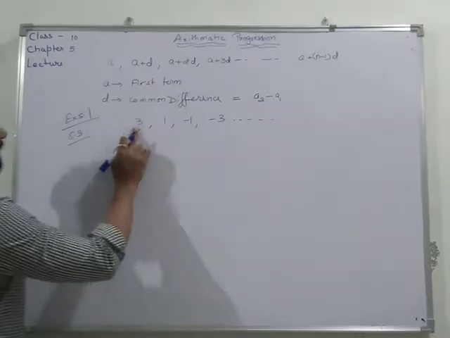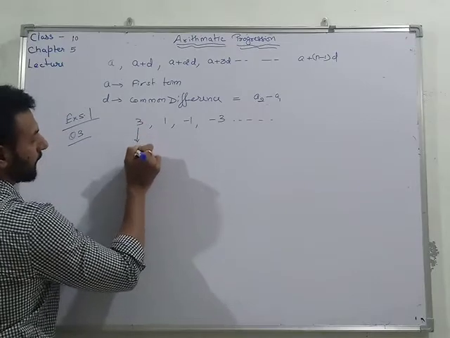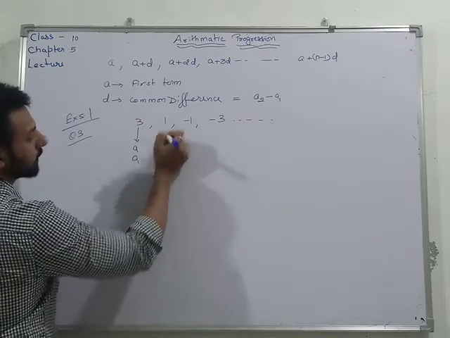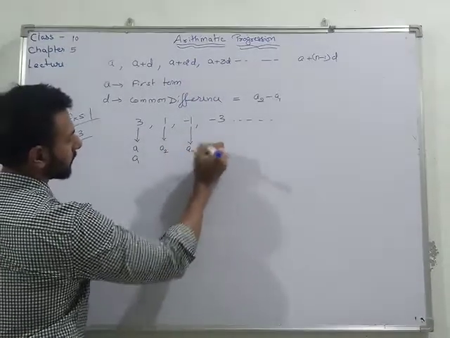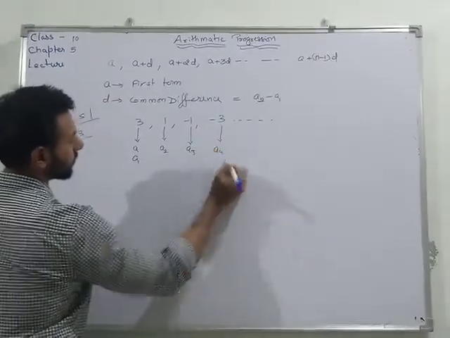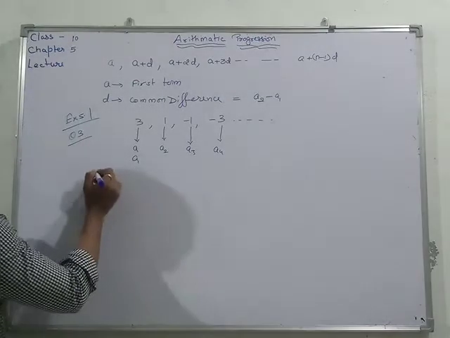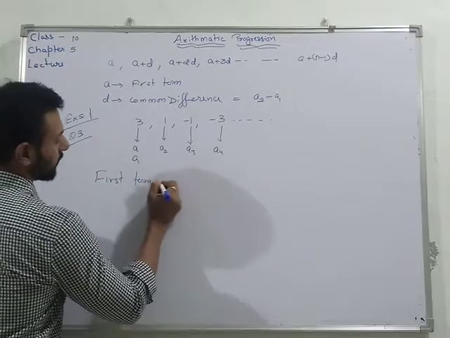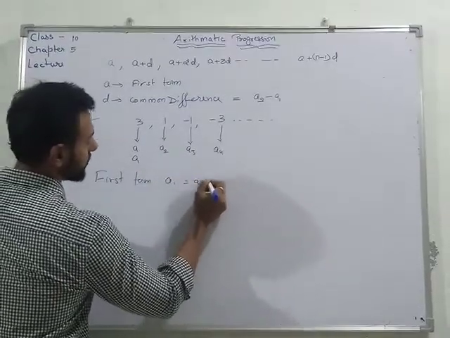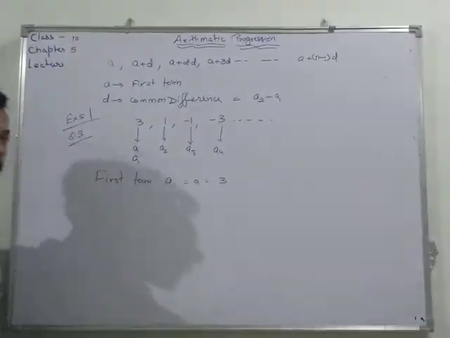See here, this will be a or A1, this will be A2, this will be A3, this will be A4. So first term A1 is equal to a is equal to 3.